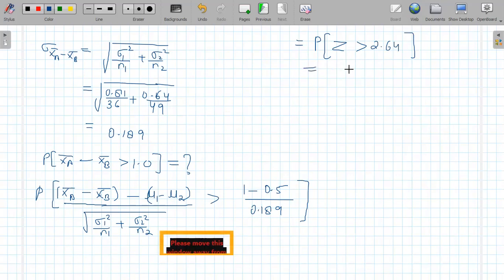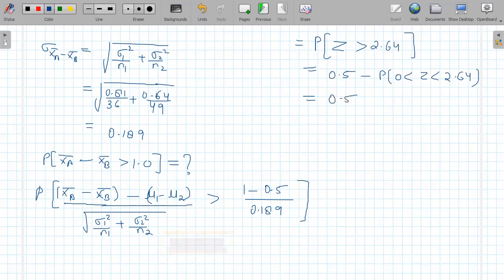So we look, because 2.64 is greater than 0, this area is equal to 0.5 minus the area between 0 and 2.64.